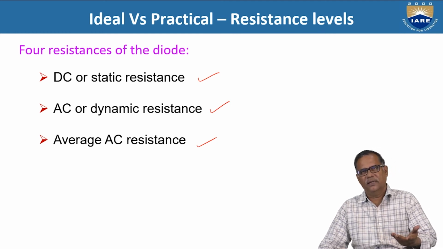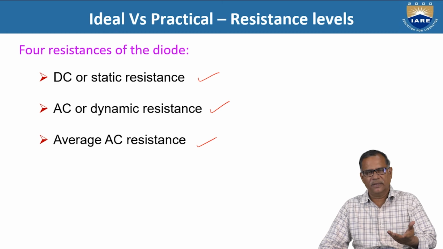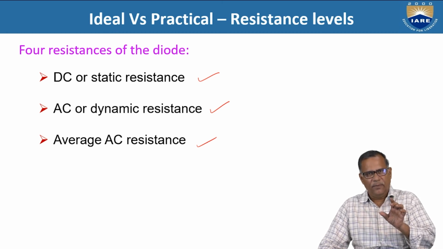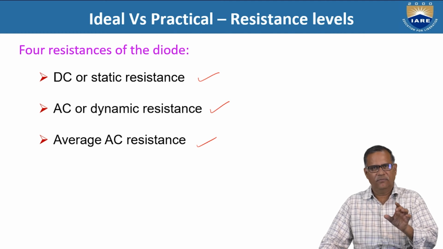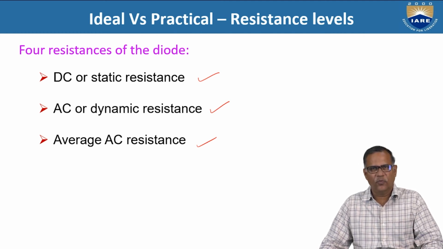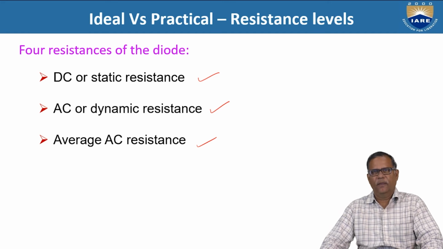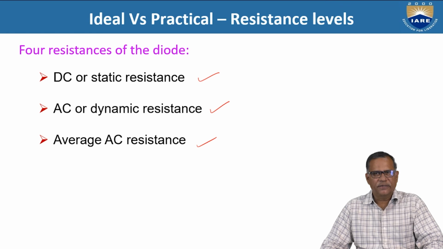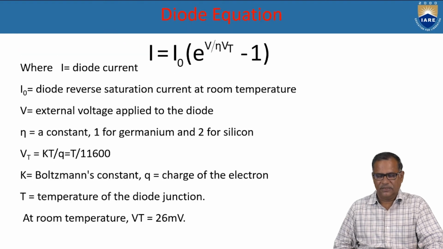In AC dynamic resistance, we assume that there is already a fixed amount of DC voltage which causes the Q point or quiescent point. And for average AC resistance, we assume that large swings of applied voltage are present.